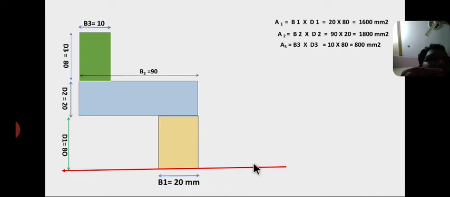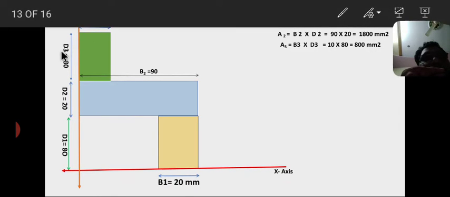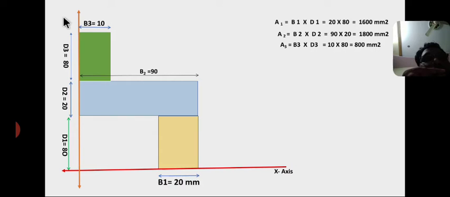Now I am considering the reference axis. This is the x-axis, this is the y-axis. This is the origin. Now I am drawing the diagonal lines to locate the individual centroids.